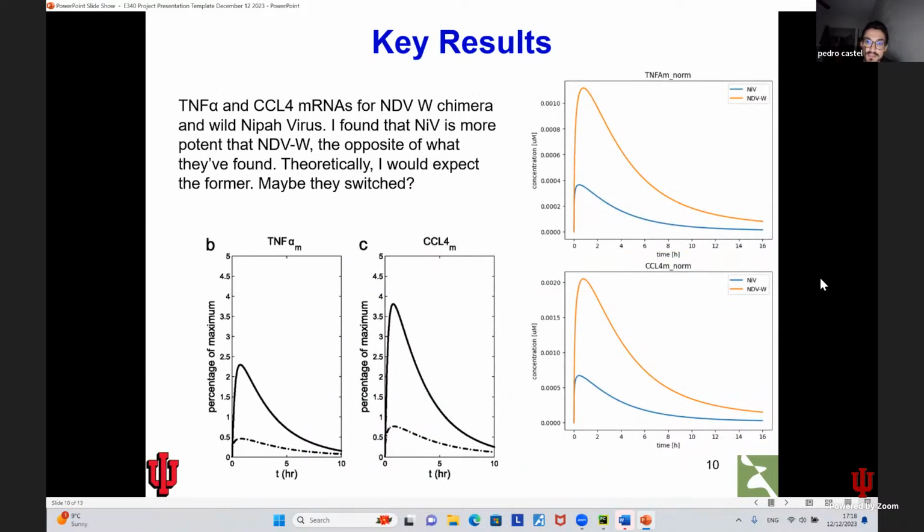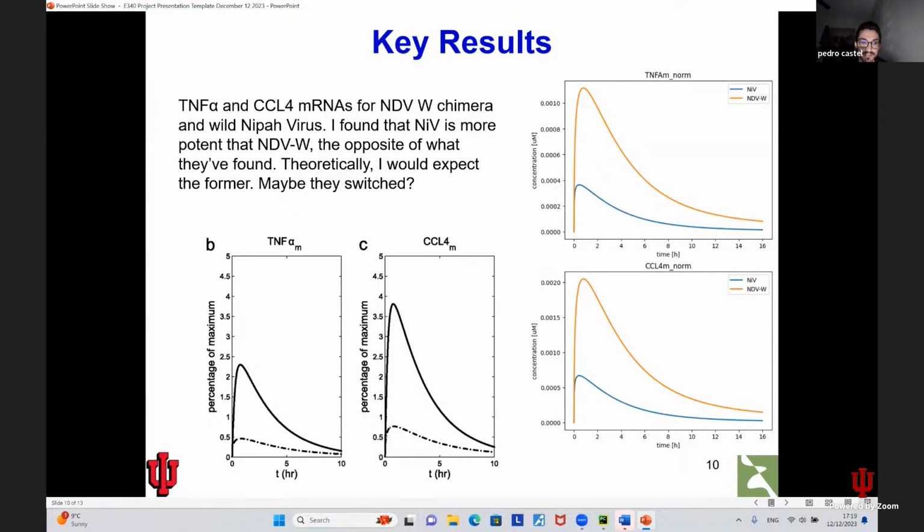Here I put side by side my results and their results. So this is for NDV with W protein, comparing to NIV, the natural Nipah virus, and how they affect mRNA of TNF.